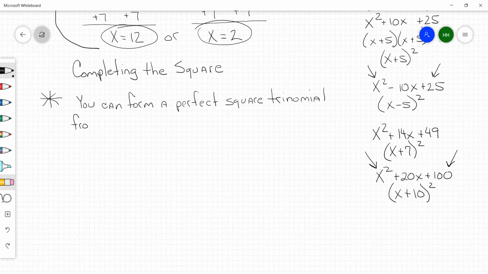From x squared plus bx by adding b divided by 2 squared.